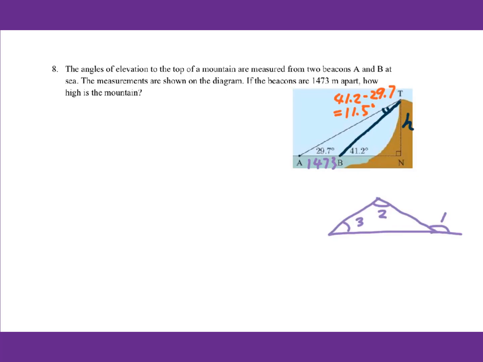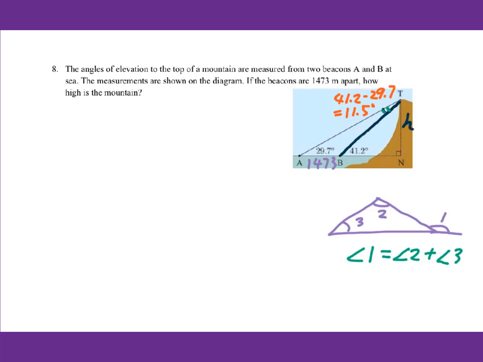As we know, the exterior angle of a triangle equals the sum of the non-adjacent interior angles of a triangle. So we got angle 1 equals angle 2 plus angle 3. Therefore, 41.2 equals 29.7 degrees at this angle.